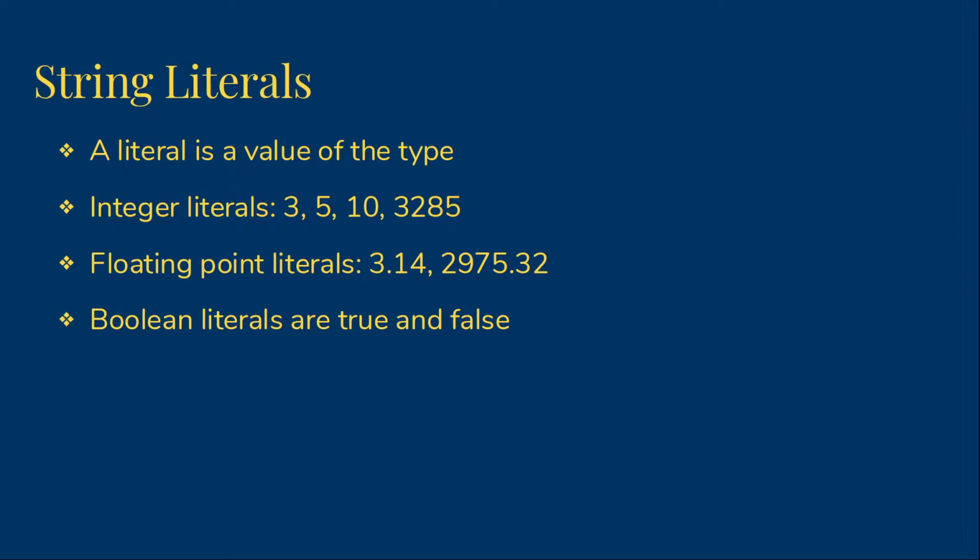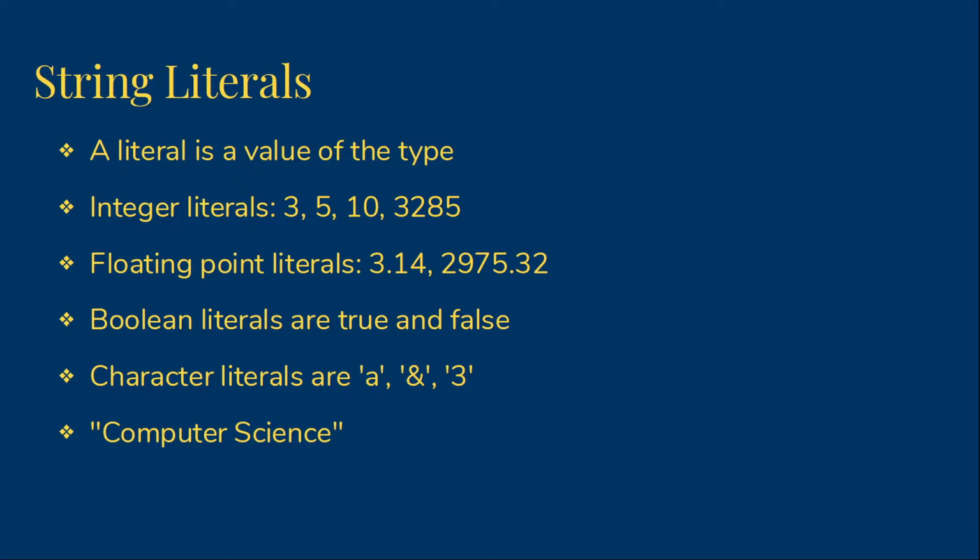Boolean literals, there are two of them. They are true and false. And character literals are things like A, the ampersand character, the character 3. And then a string literal would be something like the string computer science or the examples I had on the previous slide.